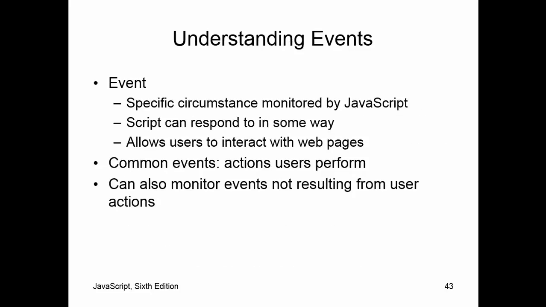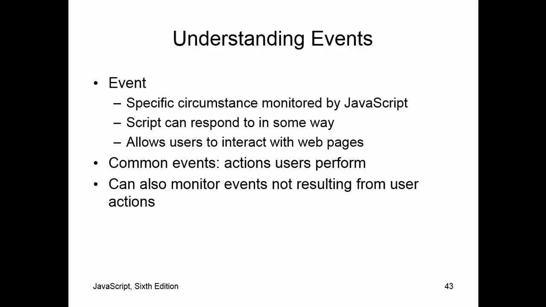Now, I'm not sure exactly why the author decided to bring this up at this time in the book, but JavaScript is what's known as an event-driven programming language. So you can imagine, and this is on the bottom of page 39 in the book, and there's going to be more following that.